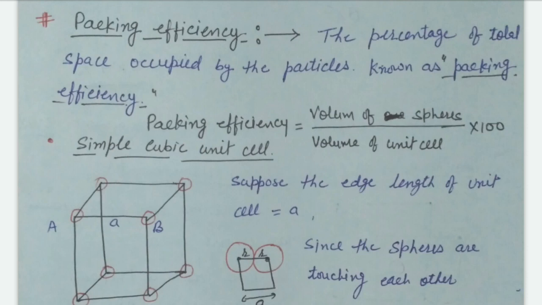The packing efficiency is equal to volume of spheres, meaning atoms, molecules, or ions, upon volume of unit cell, multiplied by 100. First of all, we are going to calculate the packing efficiency of the simple cubic unit cell. It is also known as the primitive cubic unit cell.